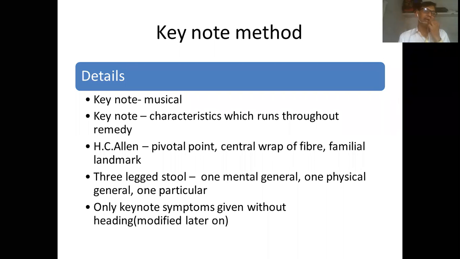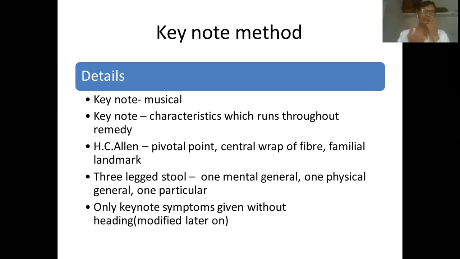Then Constantine Hering came to the support of the keynote method, and he explained that it is not a wrong method, but if you apply the keynote in such a way that it includes one mental general, one physical general, and one particular, it will overcome the drawback of focusing on one specific symptom.